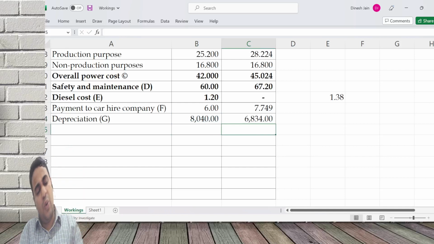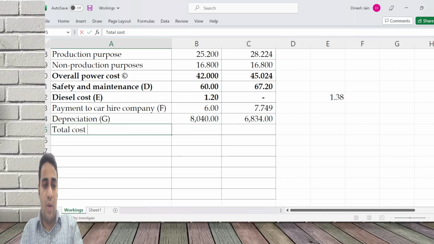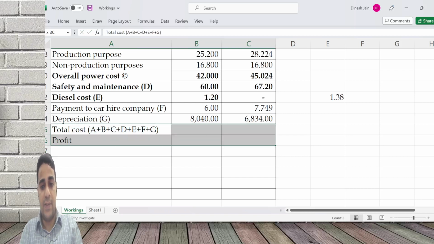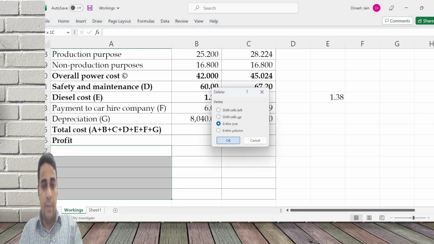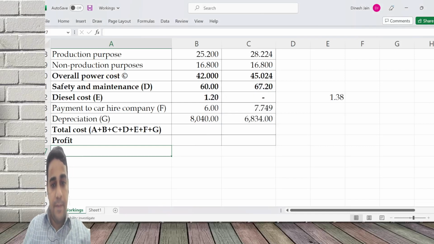Now you can put a total of all expenses. I'll give you some 2 minutes. Cost. Add all of this. And profit. Profit is sales minus cost. We are doing it in lakhs.